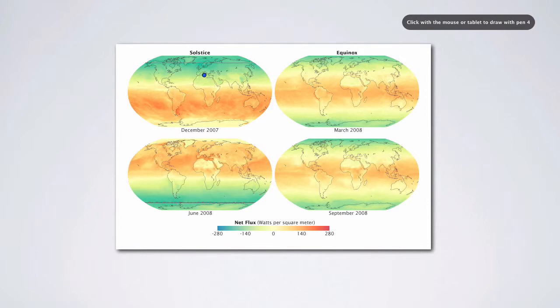And by the time we look at the winter, for northern hemisphere winter, you can see that a lot of that energy is shifted to the southern hemisphere, and during the northern hemisphere summer, a lot of it is shifted now to the northern hemisphere. So this shifts back and forth during the season, but on average it's always highest at the equator.